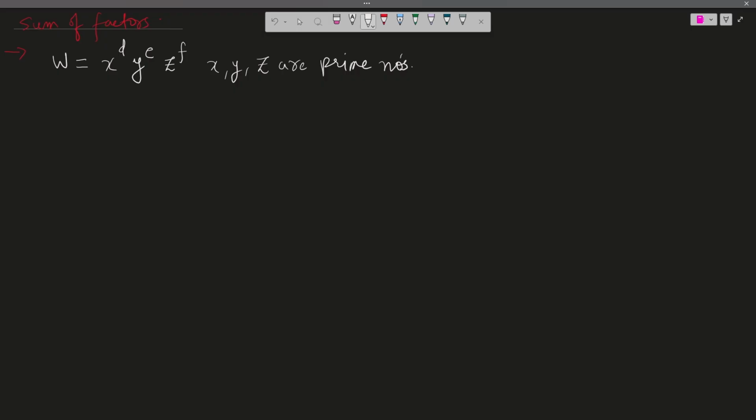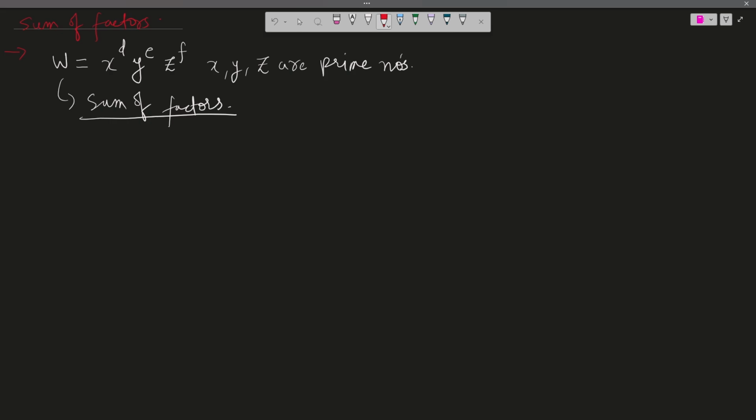Now we have to get to know how we could calculate the sum of factors. So, to calculate the sum of factors, first we need to know what the possible factors are, right?